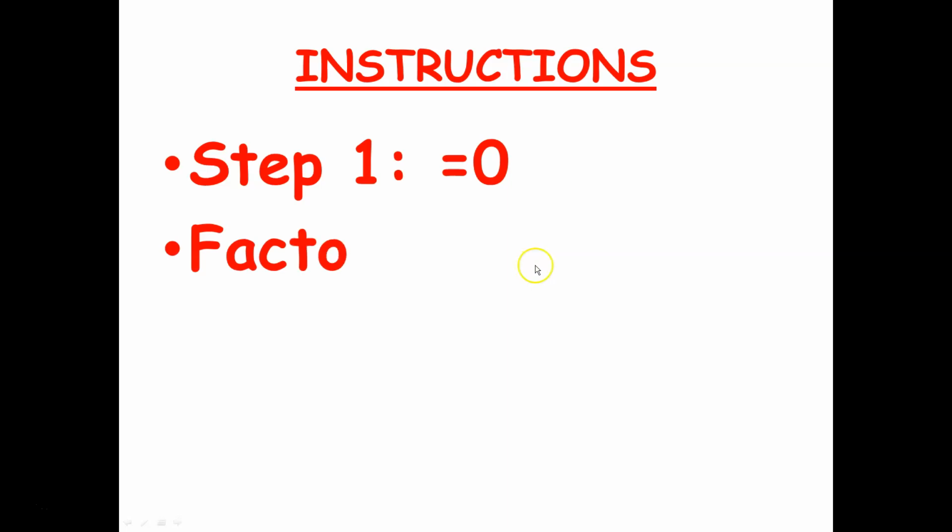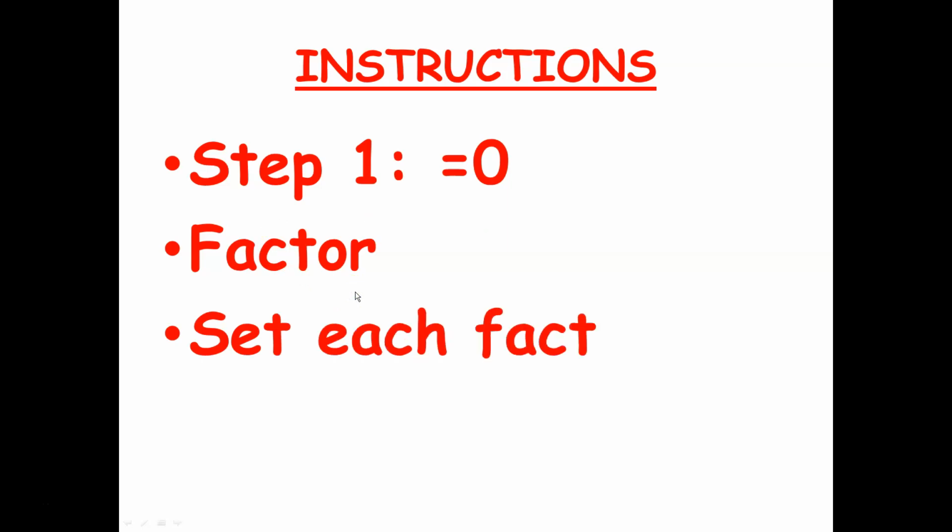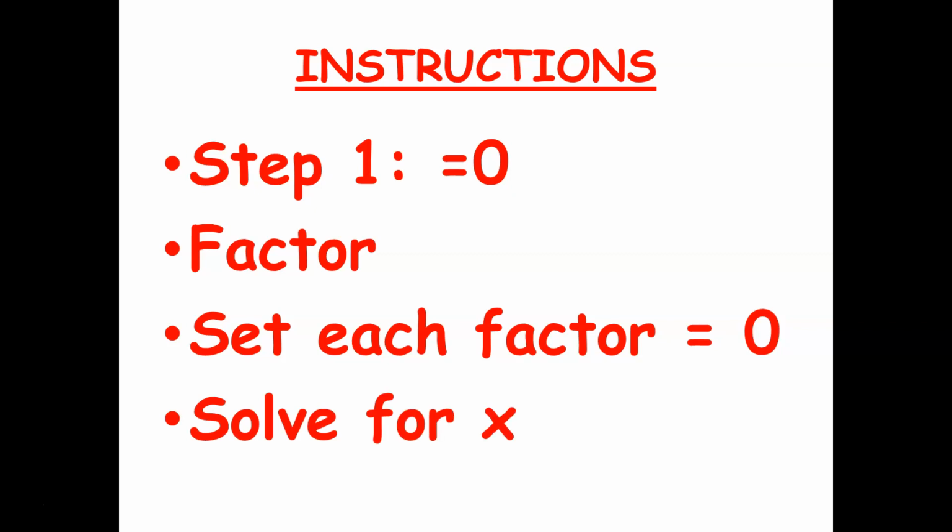Then you're going to factor, and factoring might take many steps. It might take one step. So we're not going to put any more steps up here. After you've factored, you're going to set each factor equal to 0. Then solve for x. I'll give you a little time to write that down.